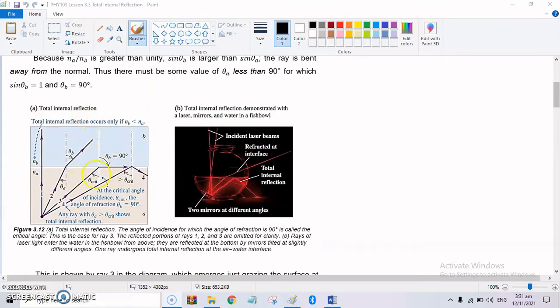So this is the critical angle, again measured from the normal line, with the reflected ray and the normal line of the two materials. And the refracted ray at 90 degrees is in material B.